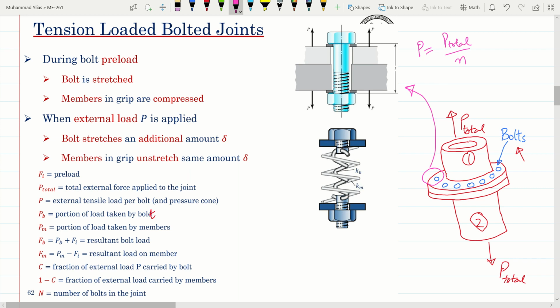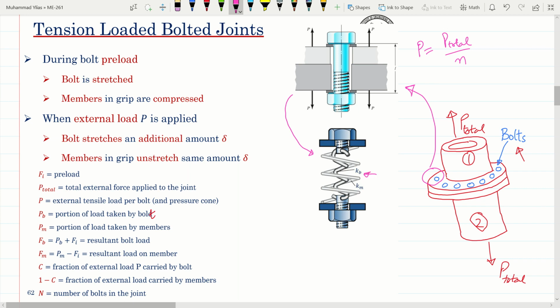Okay, and then we have seen how we can represent this bolted joint as a combination of springs.